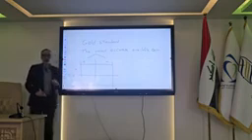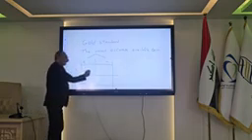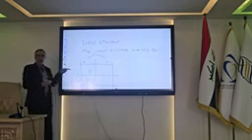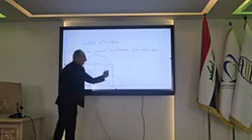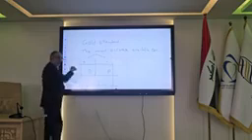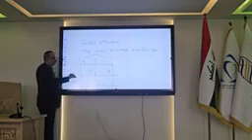So we have four situations. This cell is positive because the result of the new test is positive. This cell is again positive because the result of the test is positive.